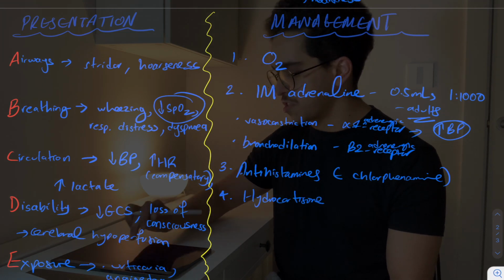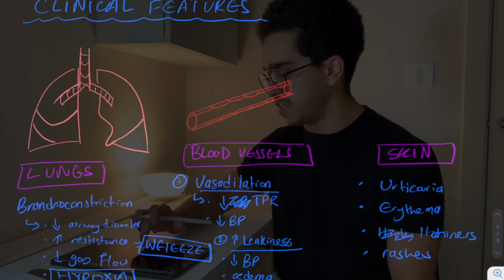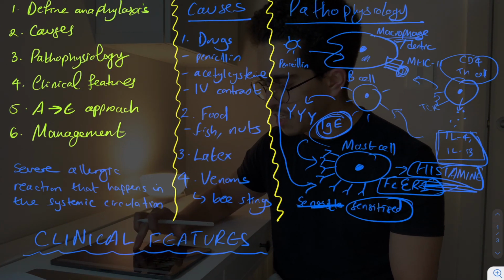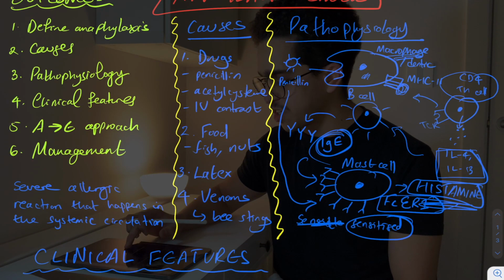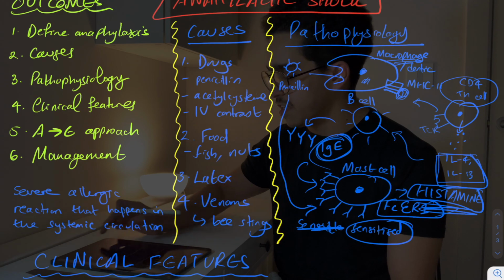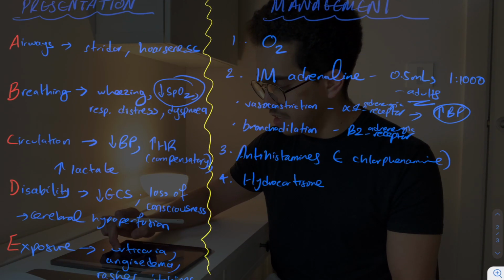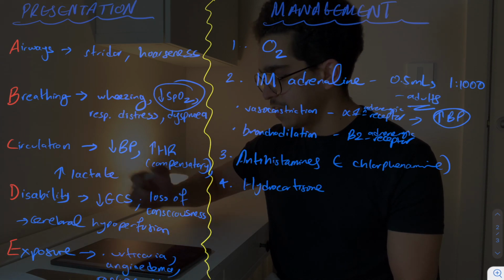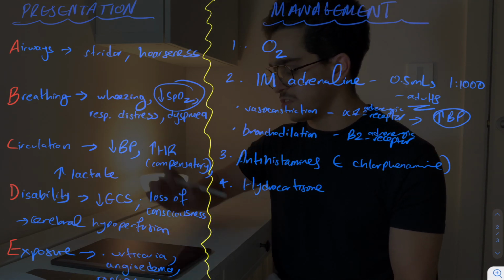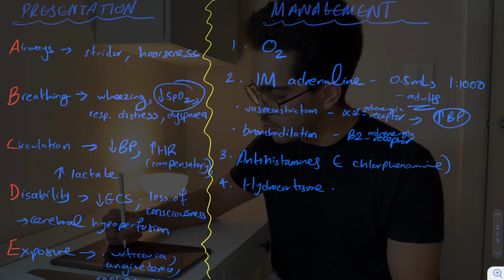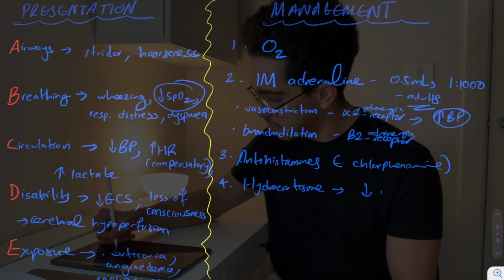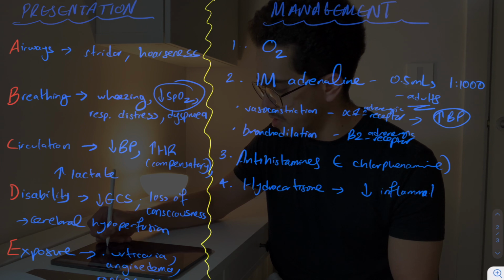As we just discussed, what happens in anaphylactic shock is basically a huge allergic reaction, and an allergic reaction is an inflammatory response. So, what will a steroid do to this inflammatory response? It will reduce inflammation. Okay.